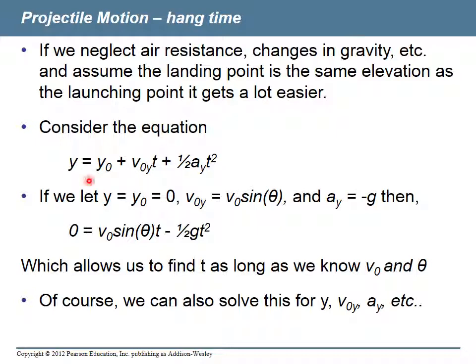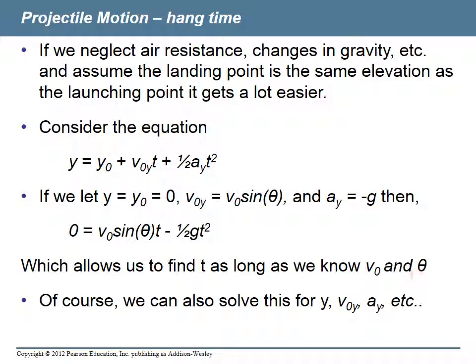Or if you have 2 equations, if we can use this in combination with the x, we could give you 3 of the variables, and you can find the other 2. So there's a lot of other ones we can solve for, and you should practice rearranging these equations and solving for different ones. Try a problem that you solve for one, try to solve it for a different one as well.